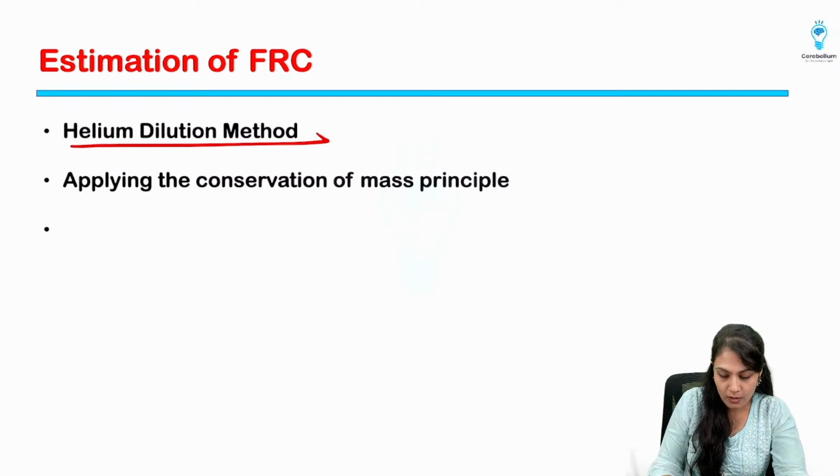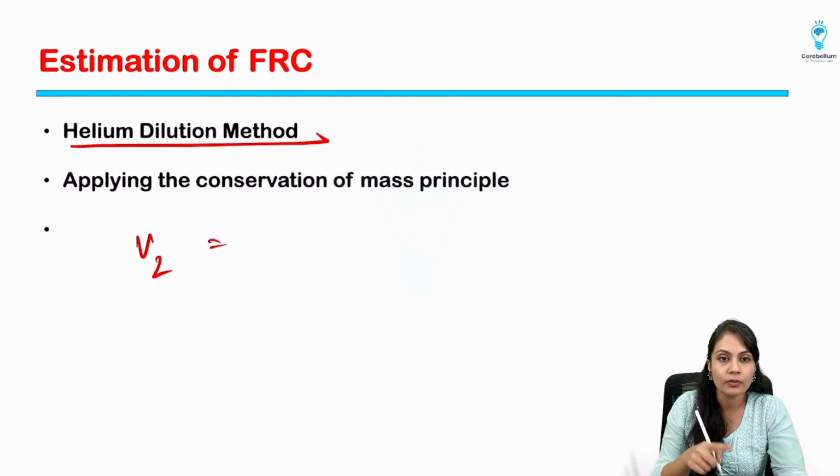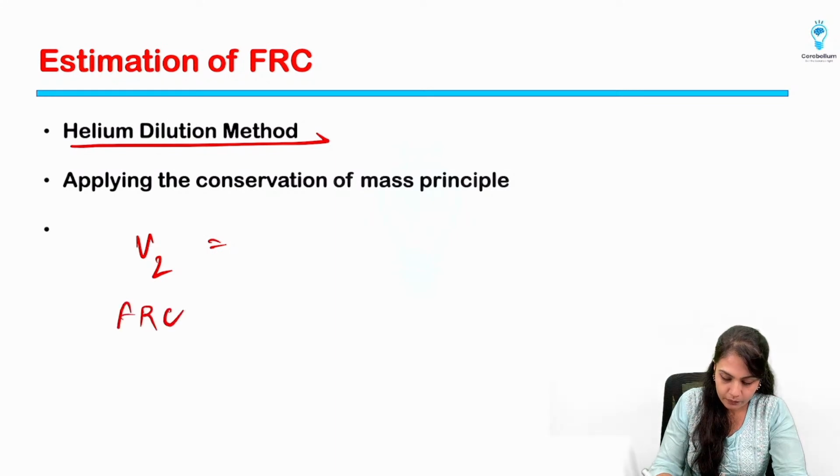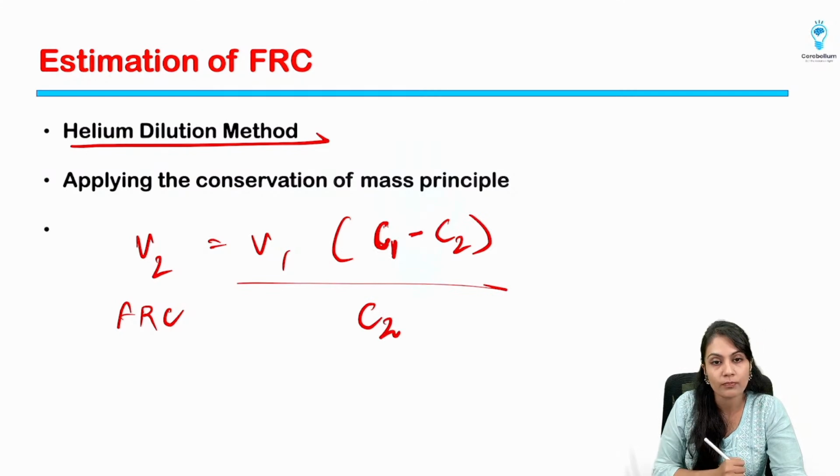And how are we going to calculate? What is the formula over here? We use V1 and V2, the initial volume and the final volume. The final volume we are going to take as the FRC. The V2 is nothing but the FRC, right? It will be equal to V1 into C1 minus C2, that is the initial concentration of the gas minus the final concentration, upon the final concentration, right?